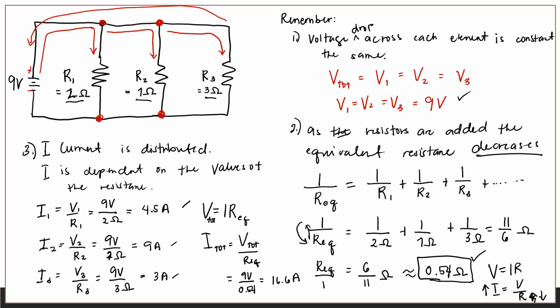Notice that if we add these current values, we'd actually get approximately 16.5 amperes. And that tells us that our calculated value for current is correct. Okay? So they are approximately equal with each other. And that is how you check your answers. That is all for parallel circuits. Thank you for listening.